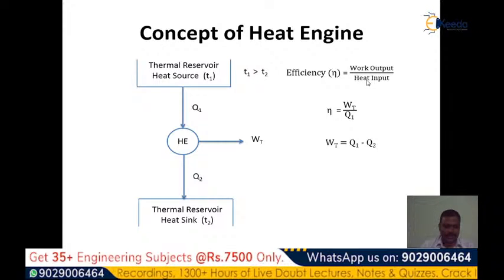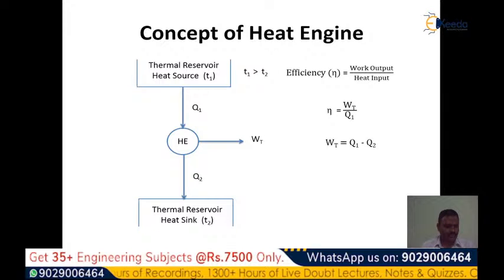COP is, as I already told you, at what rate the refrigerator will absorb heat from the refrigerated space by consuming WC amount of work. It is exactly opposite to efficiency. While studying, you can understand that better, and also while solving the problems, you will be convinced, I think.